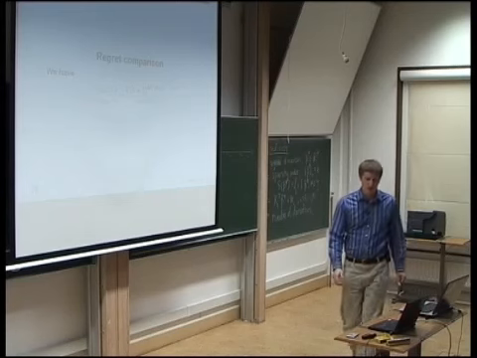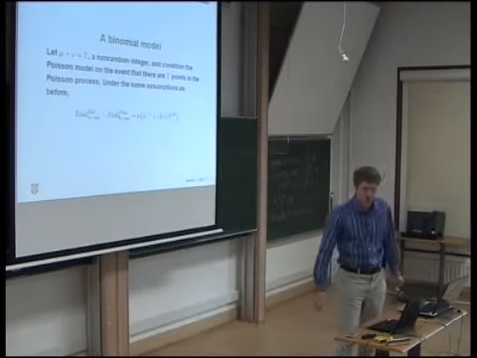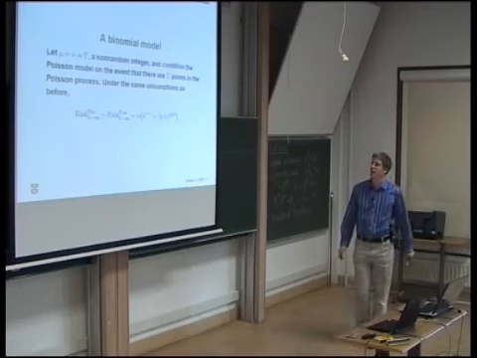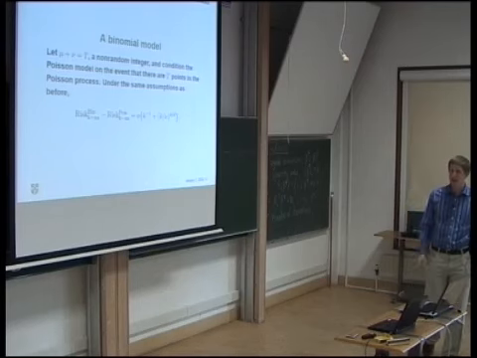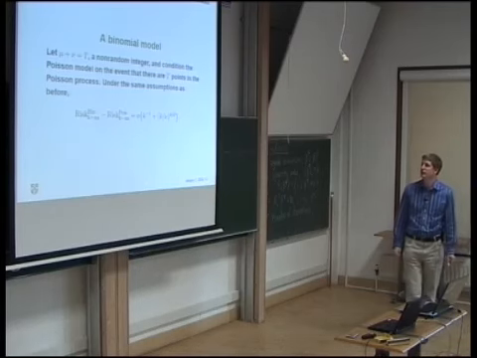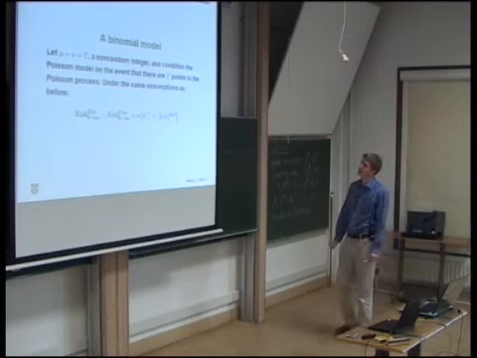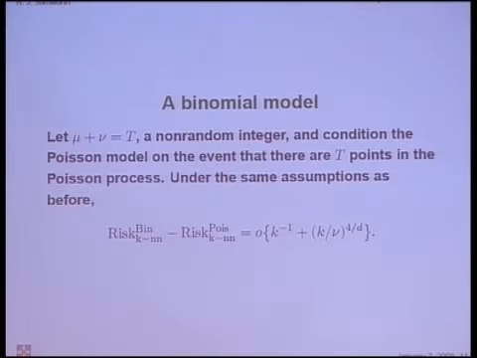Okay, so you can also go back and look at what happens in a fixed sample size model. One way to do that is to condition the Poisson process on the event that the total number of points in the process is equal to its mean.